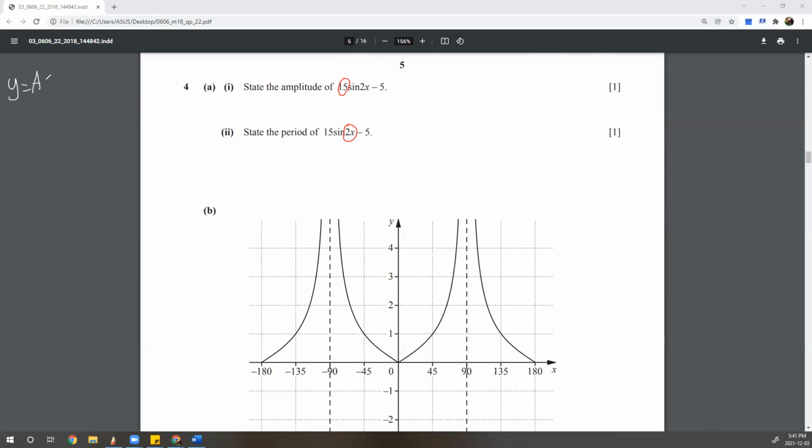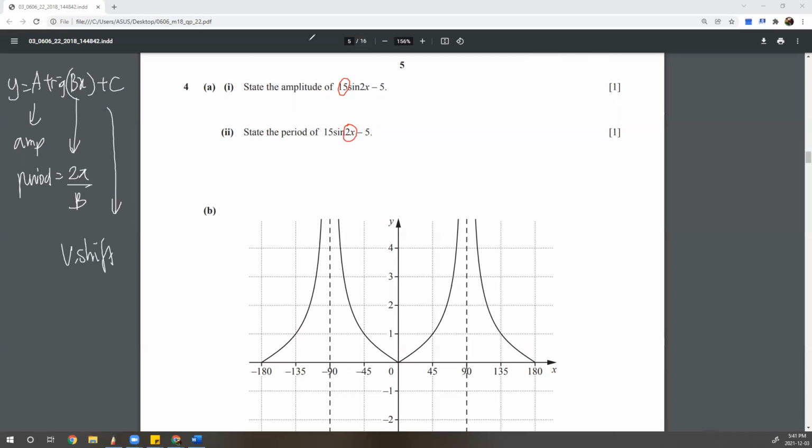Y equals amplitude times a trig function, can be sine, of Bx plus c, plus d. I think you just learned this. So A is the amplitude. B will give the period, but we have to deal with the fraction 2 pi over b. And D is the vertical shift.